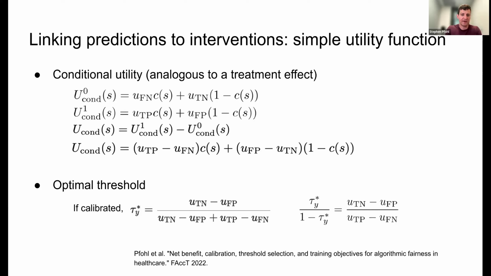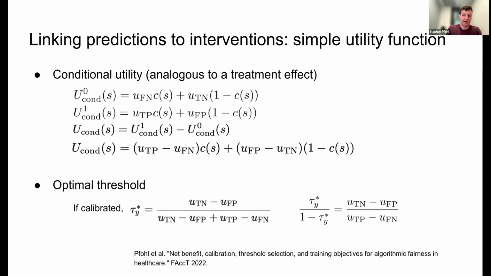This then allows us to define something called the conditional utility, which is just the expected utility associated with allocation of the intervention for an individual that the model gives any value of the score. So there's 2 components to this, which we index here by 0 and 1, which just correspond to the expected benefit of allocating an intervention and also of not allocating the intervention. And then we can define an overall measure based on their difference.